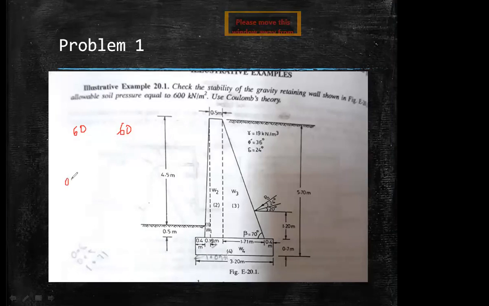So 0.4 plus 0.19, plus how much do we need to consider here? As it is a rectangle, it is just 0.5 by 2, just like the centroid. It is the perpendicular distance from the weight to the heel. 0.84. How much are you getting? 0.84. Okay.